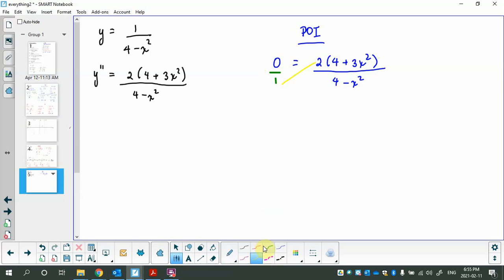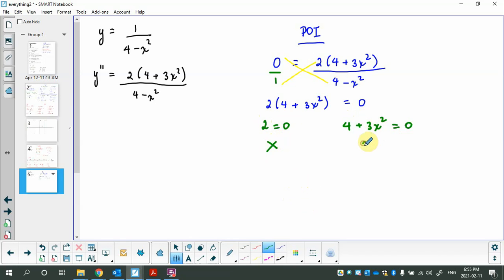So 1 times anything is itself, and 0 times anything is 0. So now I can dig out my green pen and say 2 equals 0, and 4 plus 3x squared isn't factorable, but it still equals 0. So this gives us some non-information or nonsense.